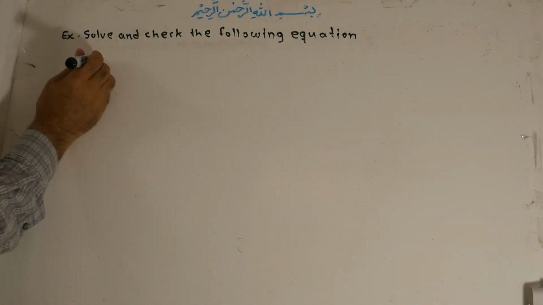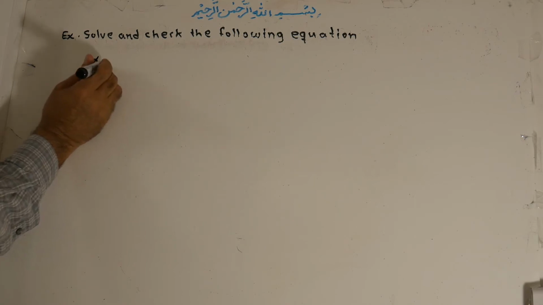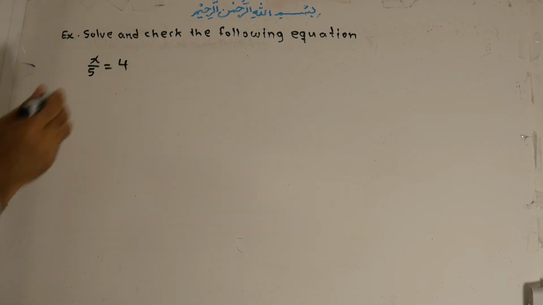X over 5 is equal to 4. Now we see that the 5 is in the denominator of x.